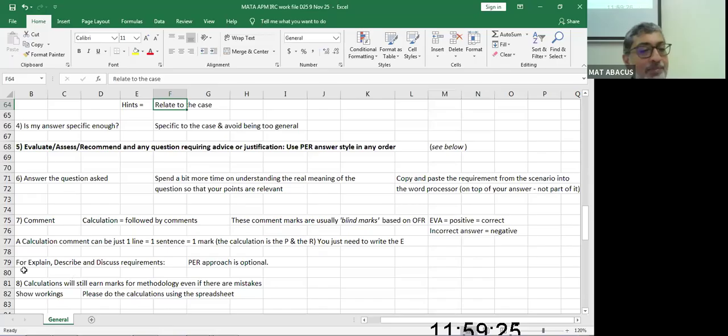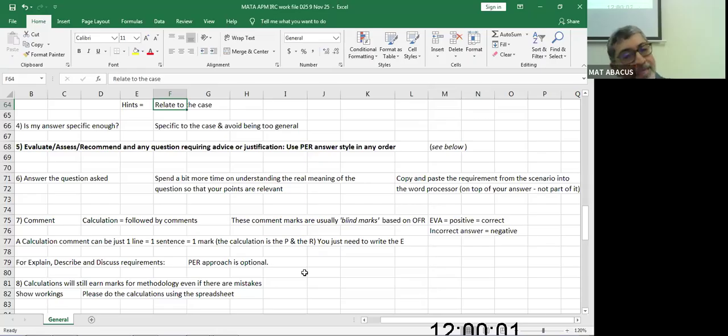And finally, for explain, describe, and discuss requirements, the PER approach is optional. You don't have to do the PER. It's just that in some cases, especially when they say explain and discuss, it's in relation to a specific situation. So when it's in relation to a specific situation in the exam, in the scenario, relating it to that specific part of the scenario makes the answer easier to discuss and explain.